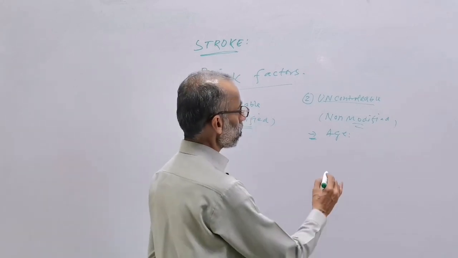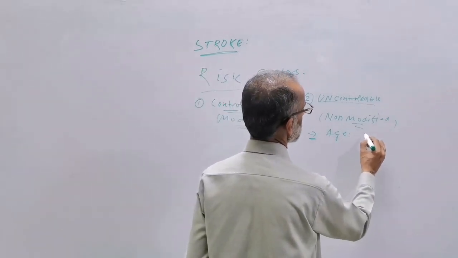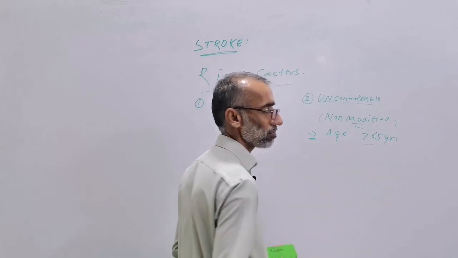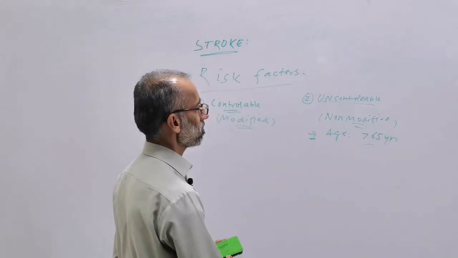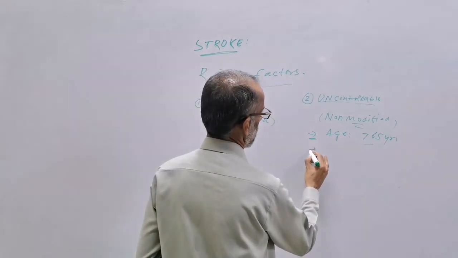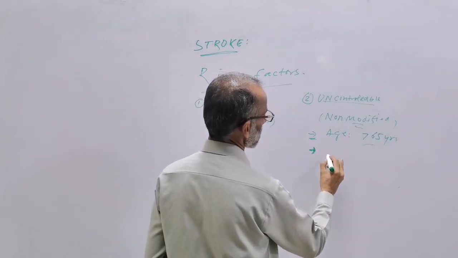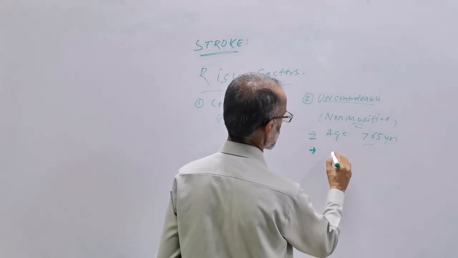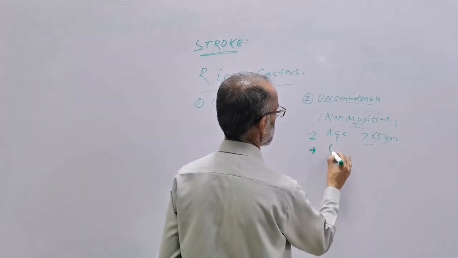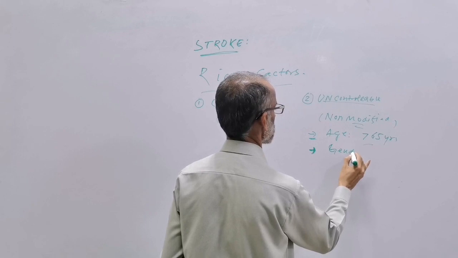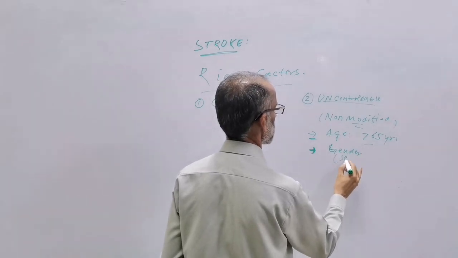But it most commonly occurs after 65 years. Another non-modifiable risk factor, or uncontrollable risk factor, is the gender, that is the sex.